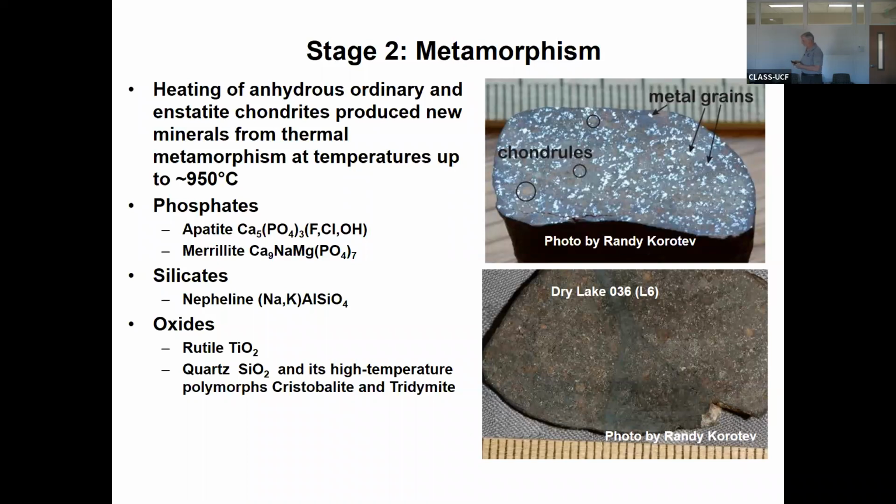And so you get cooked chondrites, things like Dry Lake, which is a high grade ordinary chondrite, and they're essentially very well cured in high heat. So a lot of these are very strong, very tough materials.